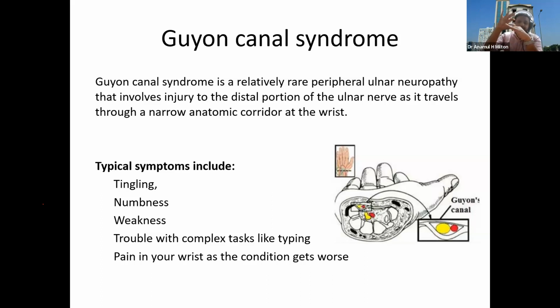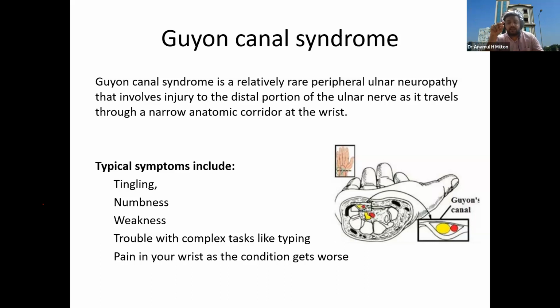So there is a very small and tiny area for two important structures: one is the ulnar nerve and another is the ulnar artery and vein.